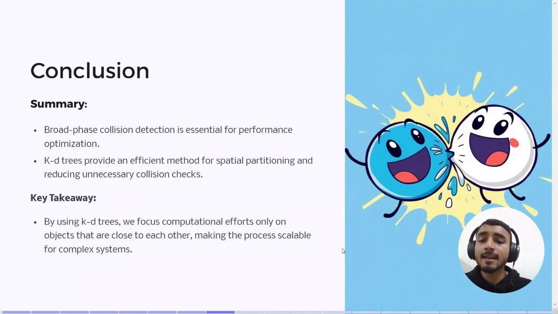The KD tree provides an efficient method for spatial partitioning and reduces unnecessary collision checks, and that is what broad phase detection does. The key takeaway is that by using KD trees, we focus computational effort only on objects that are close to each other, whose closeness is determined by their position in the KD tree, making the process more scalable for complex systems.